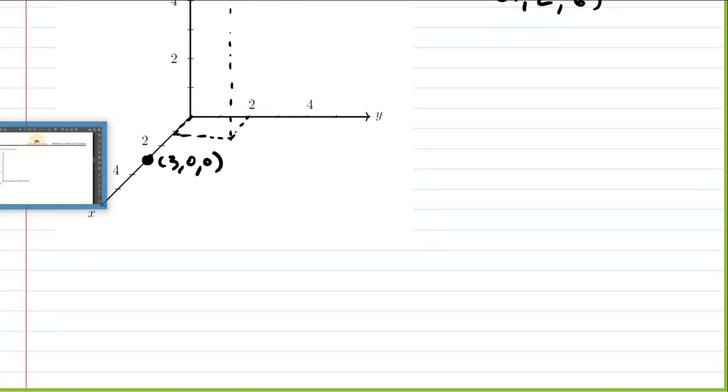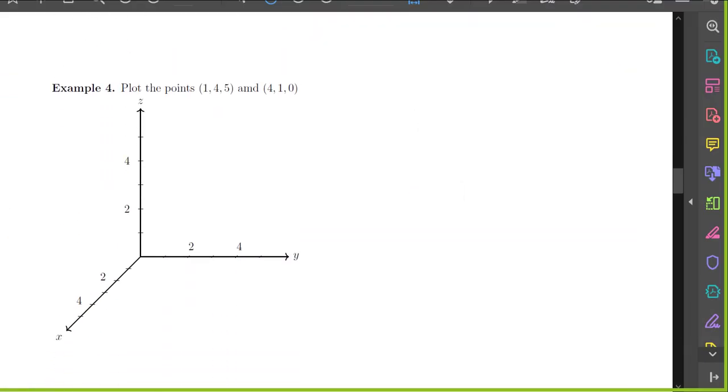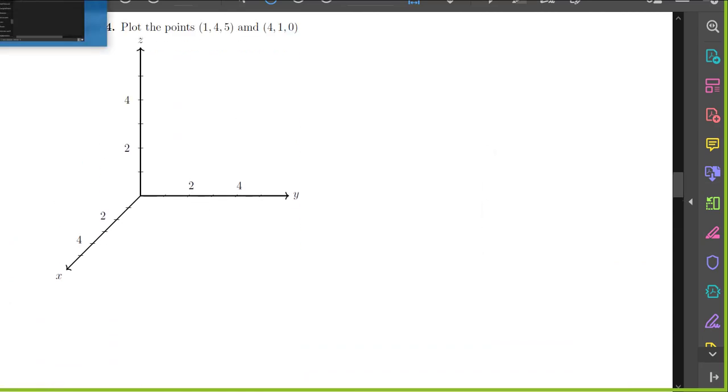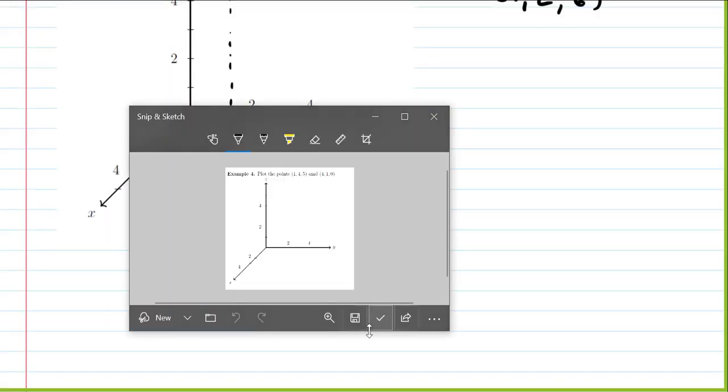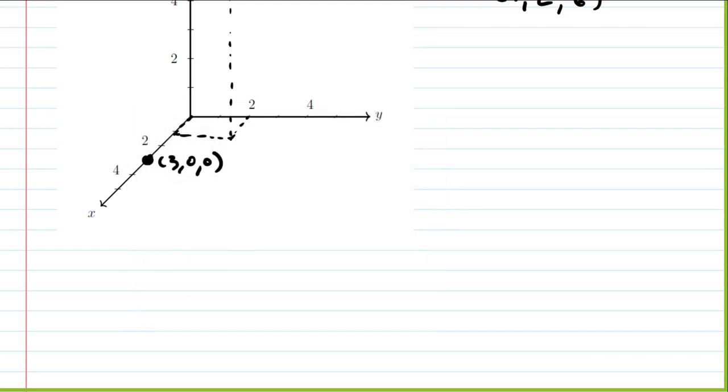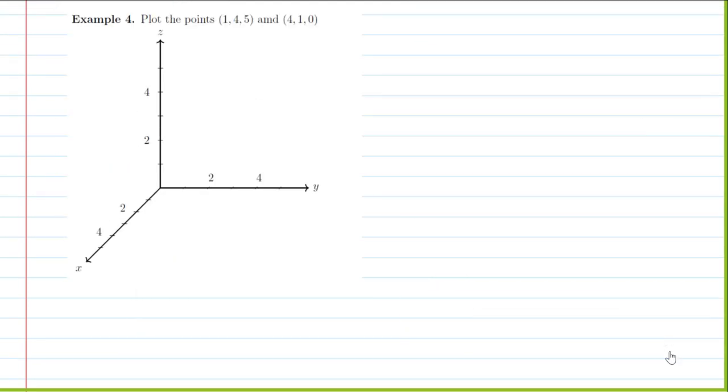All right, so let's take a look at our next one. So this one is for you guys. I want you to plot these points on the Cartesian coordinate systems. All right, so let's go ahead and try to graph this first one. So we're going to go 1 in the x direction, 4 in the y direction, and then we have to go up 5.